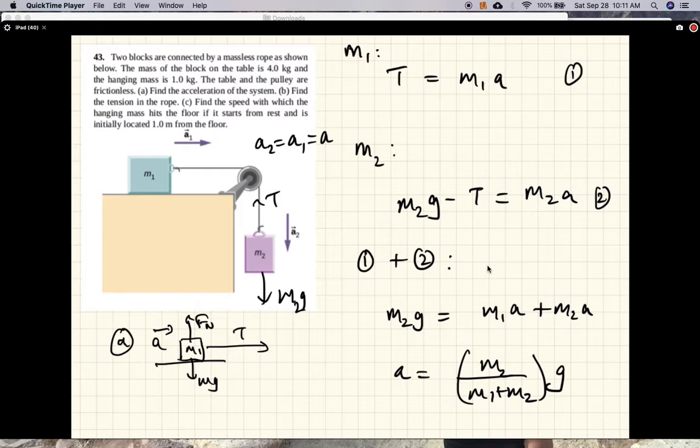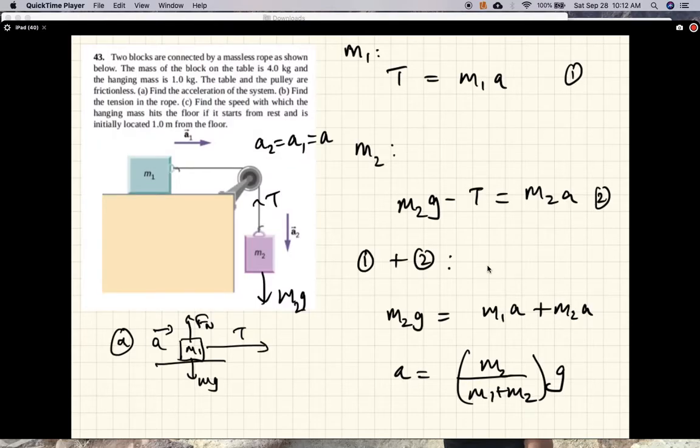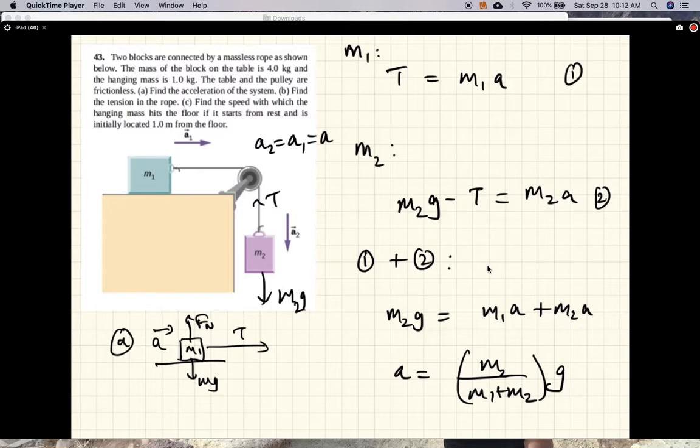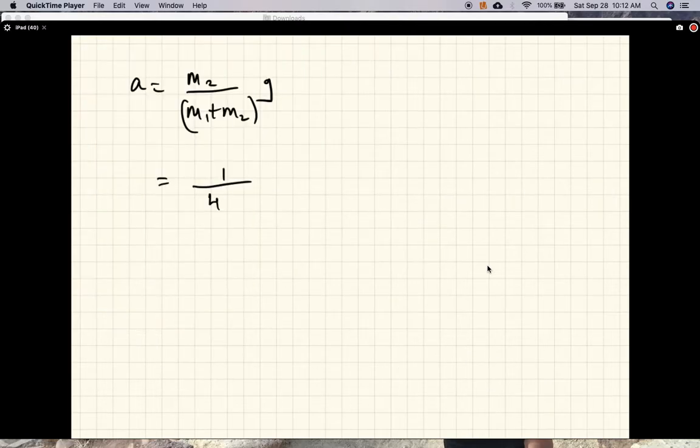All right, so let's add a page and then we'll calculate that. So the acceleration is, again, like I said, m2 divided by m1 plus m2 times g, and let's put in those values: 1 kg divided by 4 plus 1 kg times 9.8 meters per second squared.